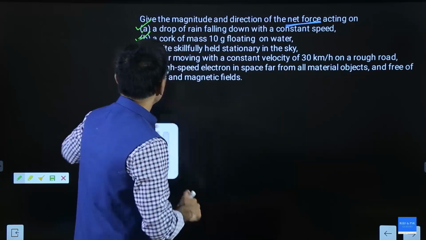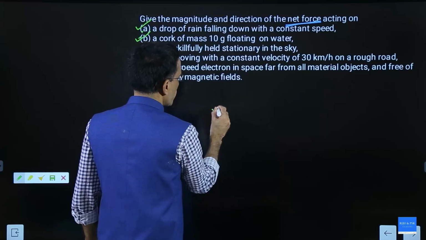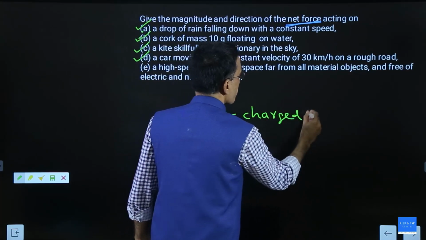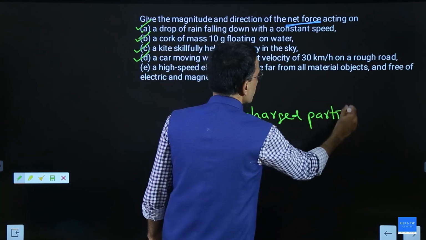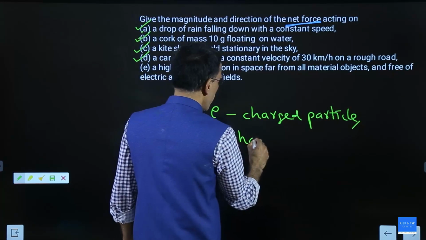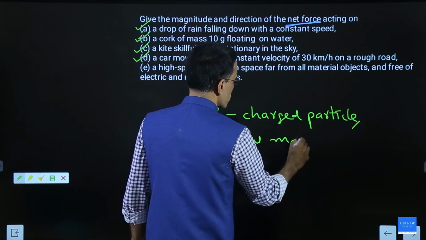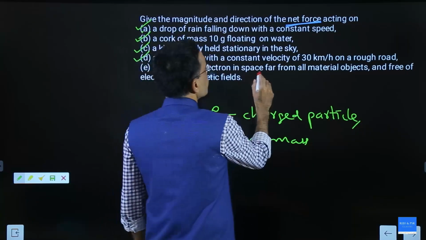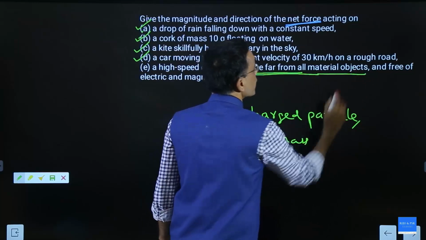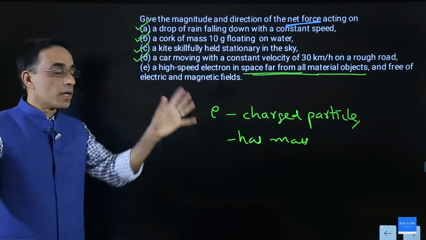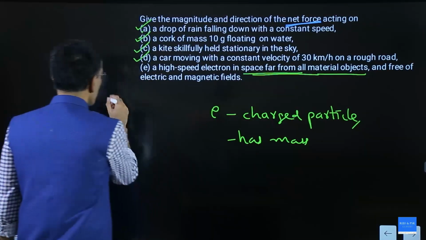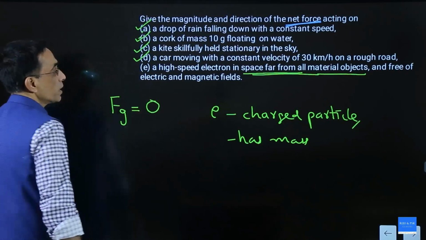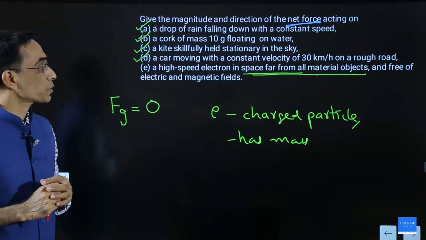But the last one, a high speed electron is a charged particle. Electron is a charged particle. Electron has mass. You know all this. But this is far from all material objects. It is far from all material objects means the gravitational force, which depends on mass, is equal to 0.